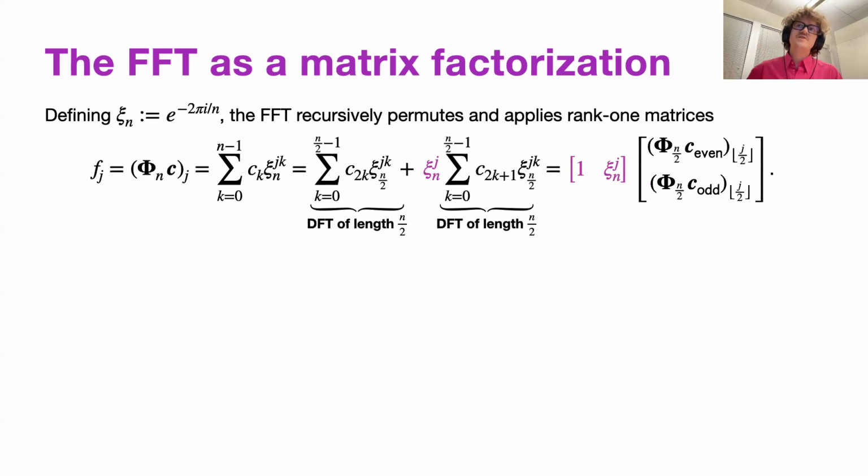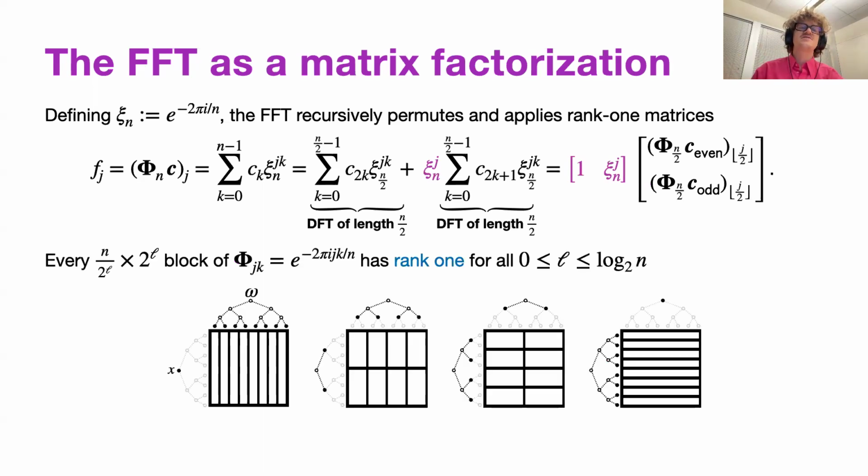But we can also view this as simply applying a rank 1 matrix to some permutation of the results from these smaller transforms, right? Where all we're doing is writing this now in matrix form. As a result of this structure, it turns out that every n over 2 to the L by 2 to the L block of the DFT matrix has exactly rank 1 at all levels from 0 to log 2 of n, right?